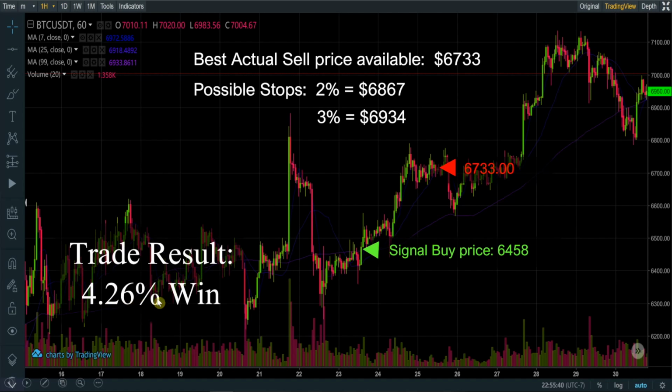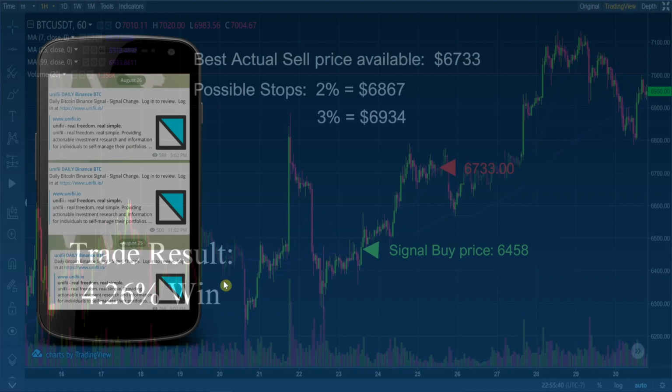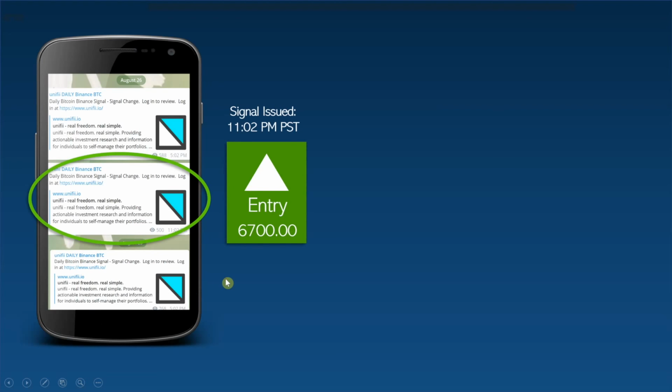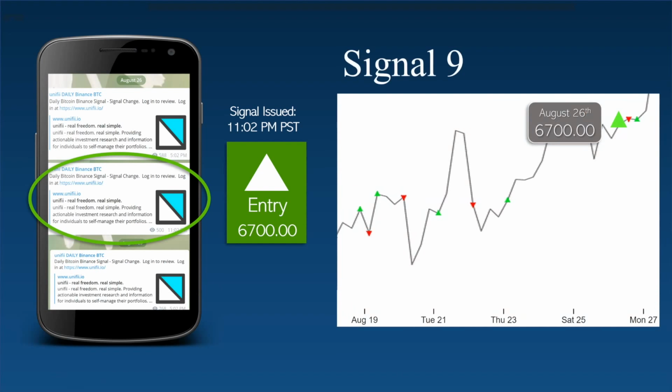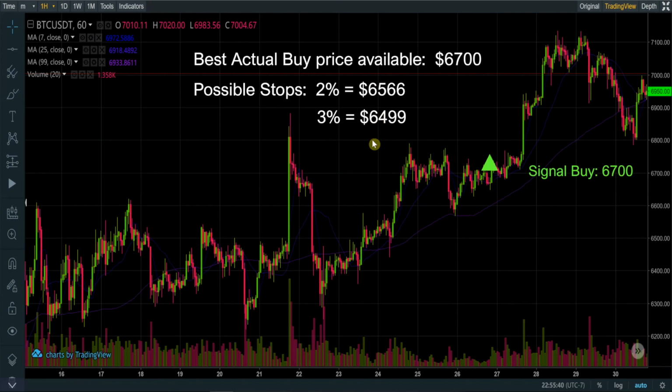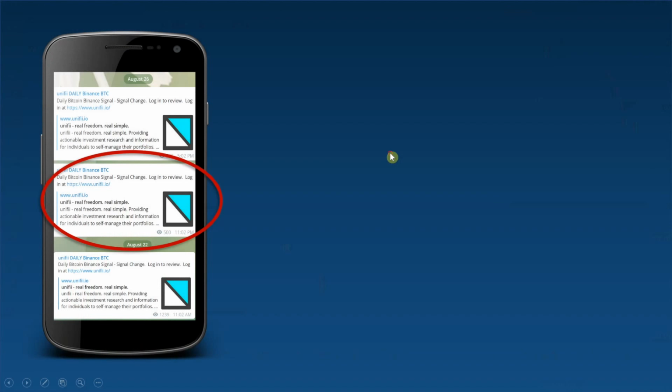All right. Next signal coming in is a buy at 67.00 even. 67.00 is the price that was available for us. Stop losses at the 2 and 3%, whichever one you want to choose. Next one is a sell at 67.17.